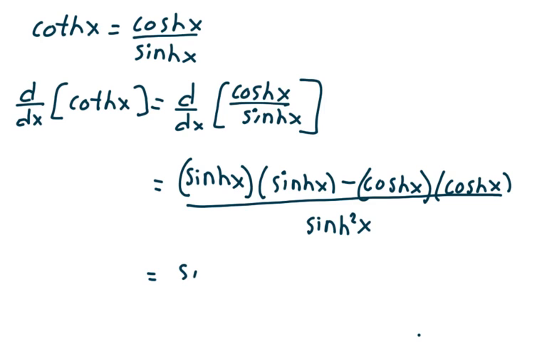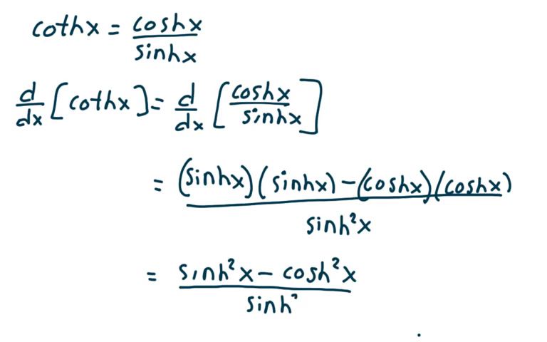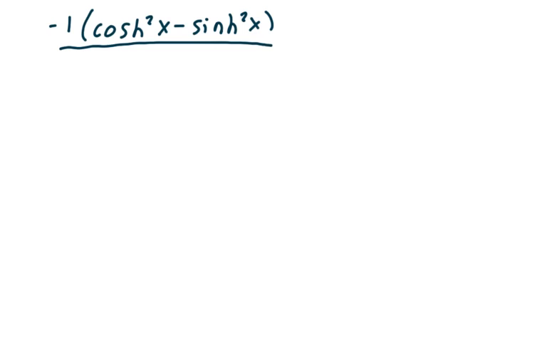But this is sinh squared x minus cosh squared x divided by sinh squared x. And I'm going to factor out a negative 1 out of the numerator there. And so I'm going to get negative 1 times cosh squared x minus sinh squared x divided by sinh squared x.